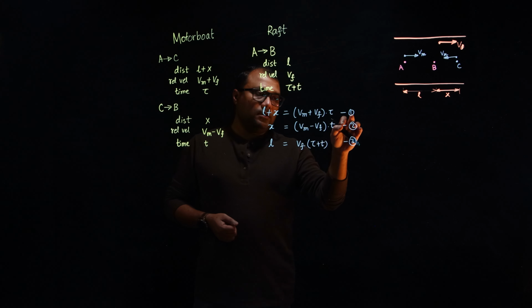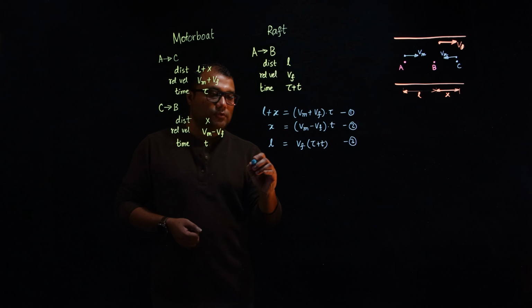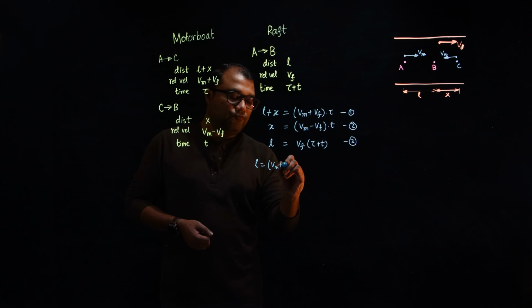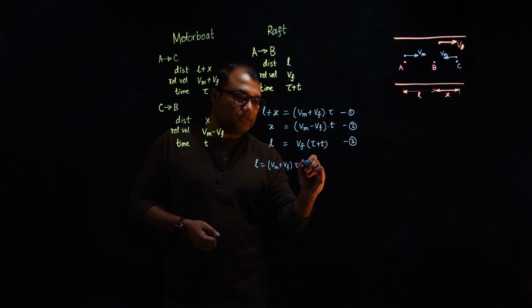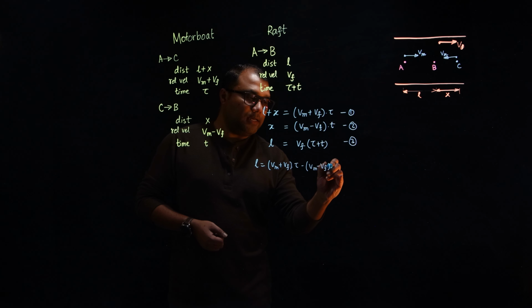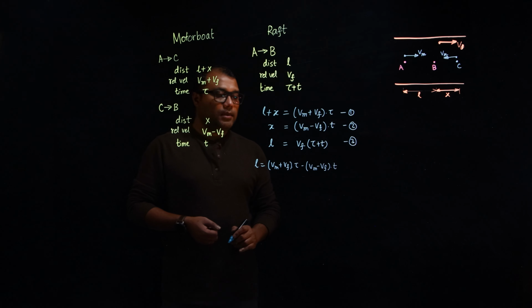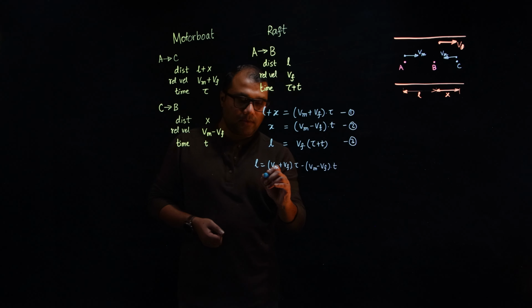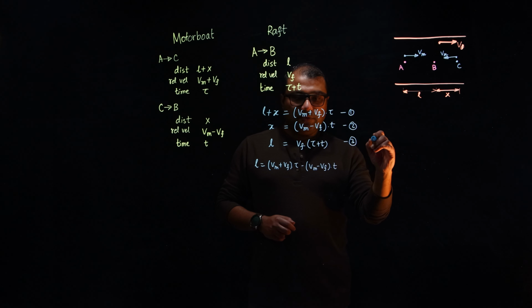Let's subtract 2 from 1. So we get L is equal to (Vm plus Vf) times tau minus (Vm minus Vf) times t. And then let's substitute the value of t from 3.